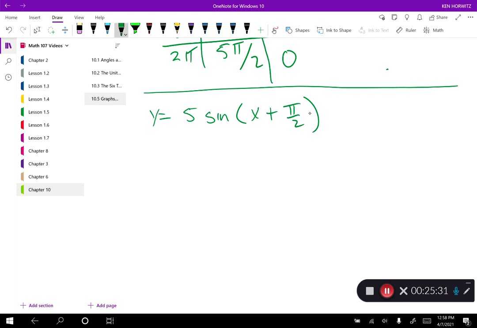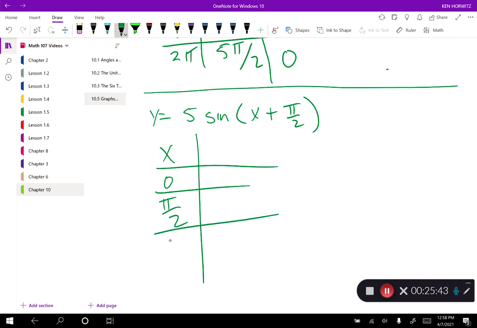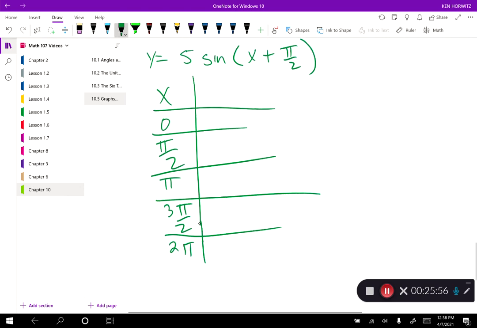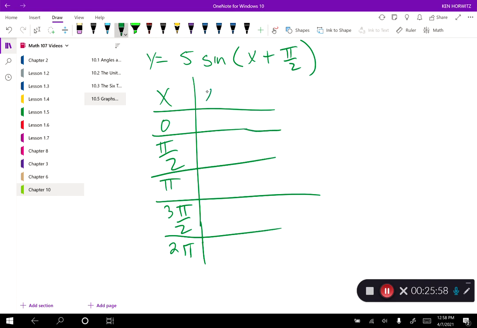So if we're shifting the graph left, then we're going to take our x values, and I'm just going to get the x new of 0, pi over 2, pi, and 2 pi. And if I'm shifting pi over 2 units to the left, my x new would be pi over 2 units less than the original key value.